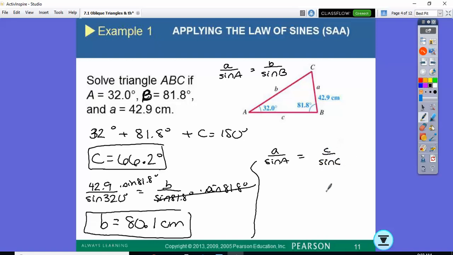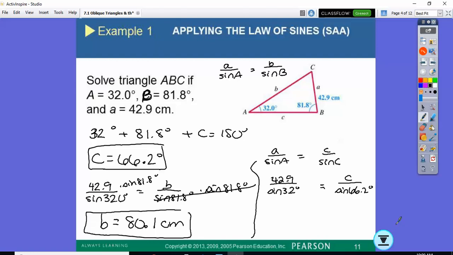So you can set any 2 of those fractions equal to each other. So that's 42.9 divided by the sine of 32 equals c over the sine of 66.2.